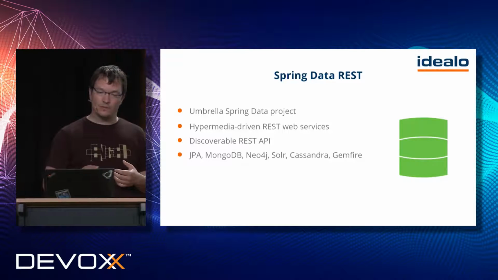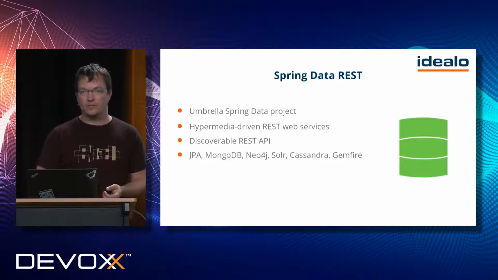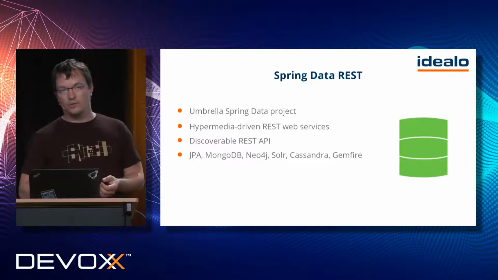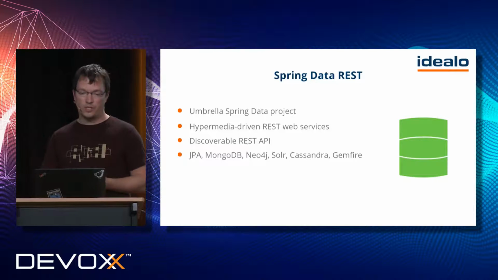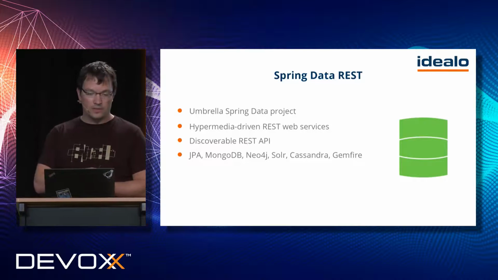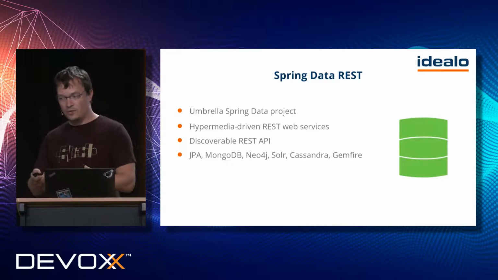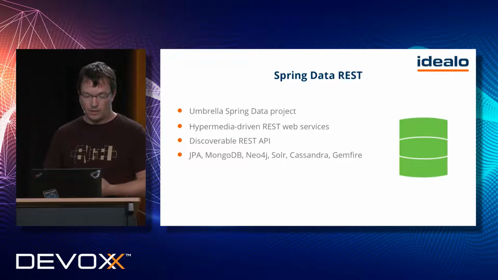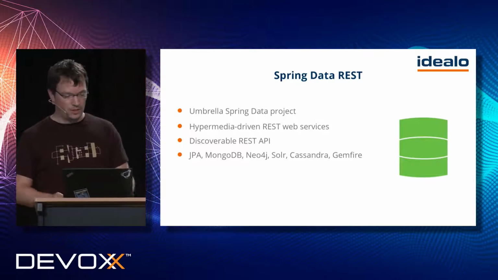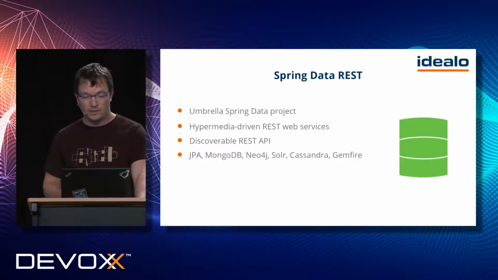You can find connected entities, or if you use paging, you get provided links to the next page, to the first page, and so on. So it's really easy to work with Spring Data REST as a user, because you don't need to know too much about the project. You can just see the data you get, and that's a really nice thing to have.